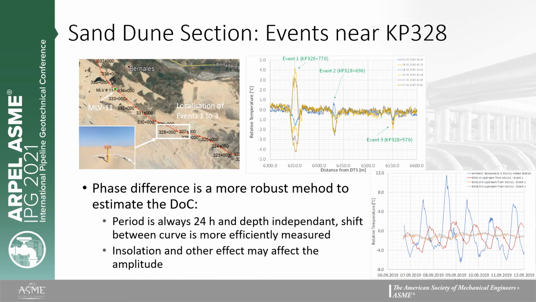We wouldn't use the period because it has a constant 24 hours and it has no other influence, so just the time lag. And if we look at the amplitude variation, there may be other effects such as the intensity of the sun, or maybe a day that is not so sunny.